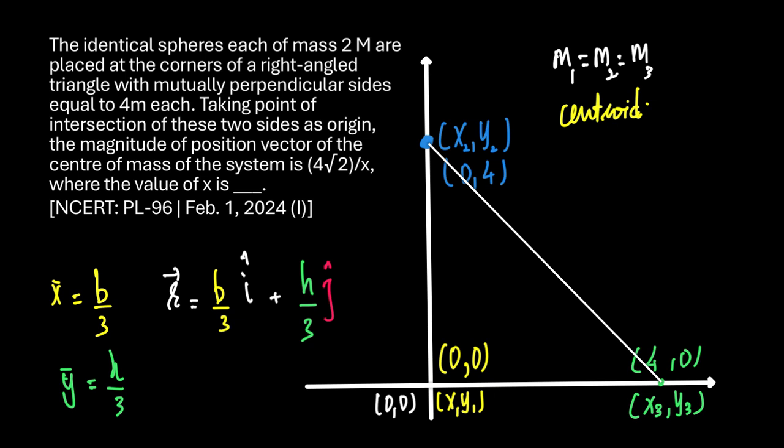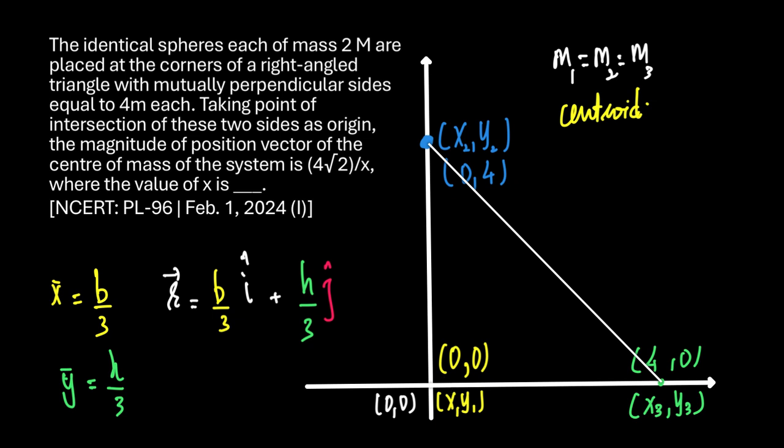And this is applicable only when the given masses are equal, condition number 1. And of course, the masses should be placed in the shape of a triangle. And one more condition is that one of the vertices is placed at the origin.